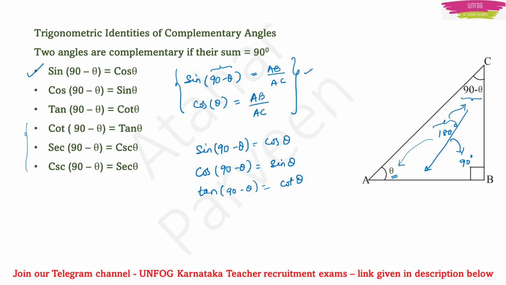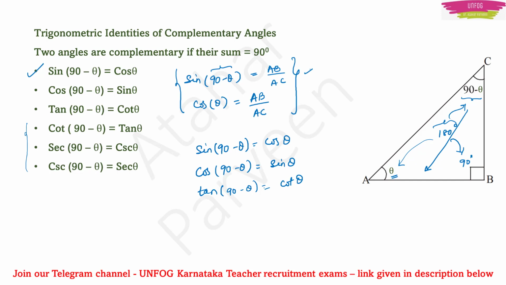See, why I am deriving these identities is, if I tell you to just mug up or learn by heart the list, it is very tough. It is not easy to learn the mathematical formula list by heart just like that. But if you know how it is derived, then things will become very clear, and you will not need to learn it by heart, because you know the logic behind how that formula came, right?